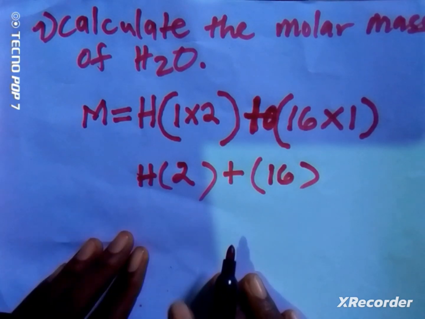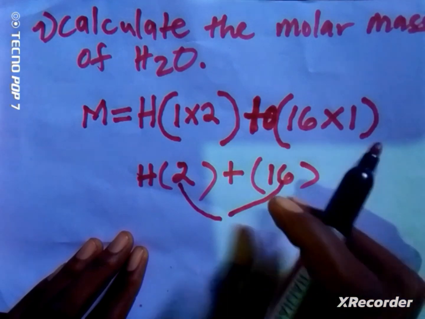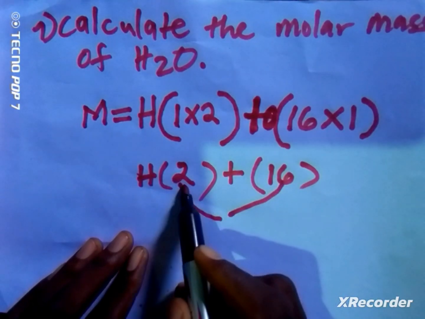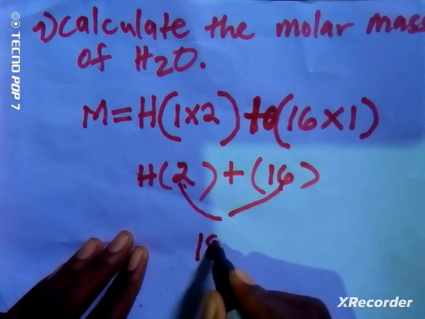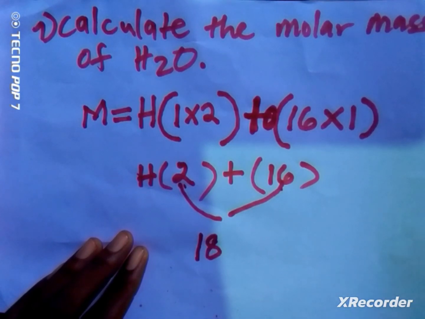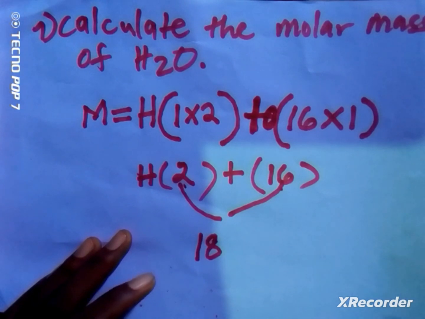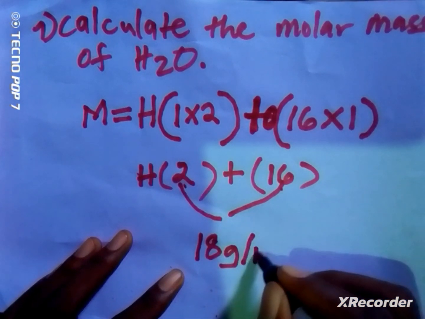Very simple. So we're going to add these two numbers, combine these two numbers. So 2 plus 16 is equal to 18. Remember, I told you the unit of molar mass is gram per mole. So the molar mass of H2O is 18 gram per mole.